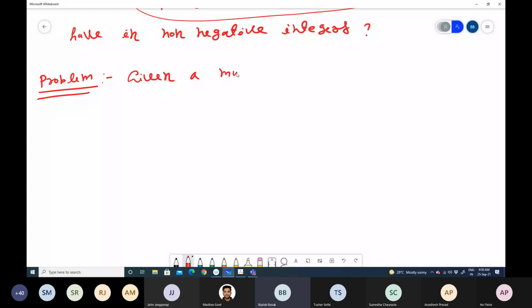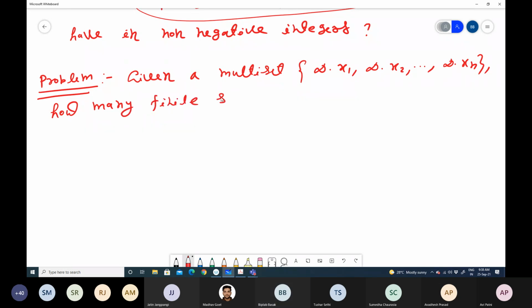Given a multi-set, infinity dot x1, infinity dot x2, up to infinity dot xn, where x1, x2 and so on can go up to infinity, the question is: how many finite sub-multi-sets of size k does it have?